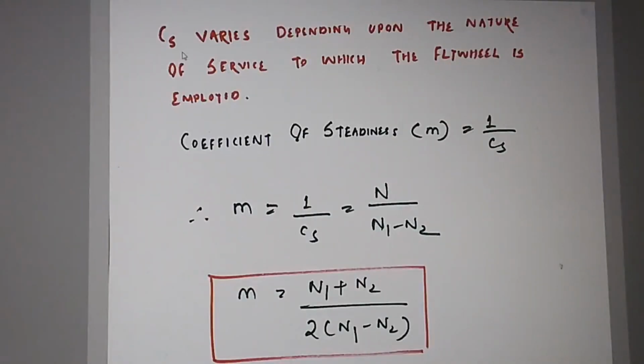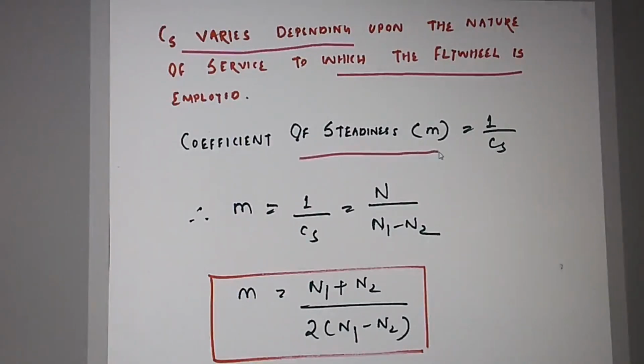This coefficient of fluctuation of speed varies depending on the nature of the service to which the flywheel is employed, and the coefficient of steadiness is another factor which is inversely proportional to the coefficient of fluctuation of speed. That is, m is equal to 1 by Cs, where m is the coefficient of steadiness and Cs is the coefficient of fluctuation of speed.